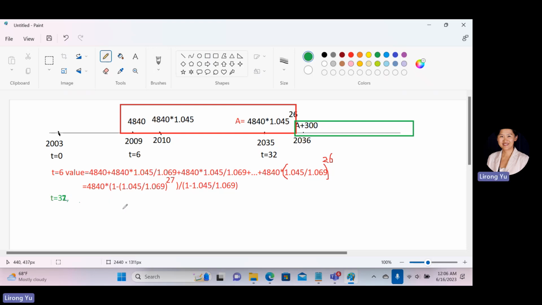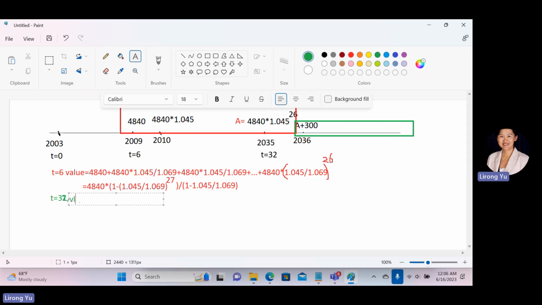All right, so according to the increasing payment formula that you see in the text, you pay A plus 300, A plus 600, A plus 900. So it's like having an annuity that has a quantity A, as a perpetuity. So for that part, the A is 4840 times 1.045 to the 26th power. So the first payment is A plus 300.